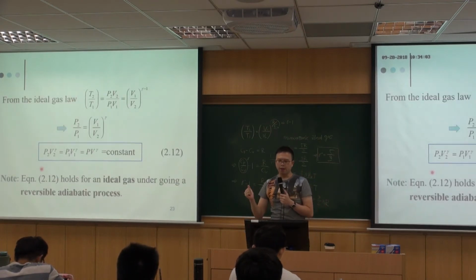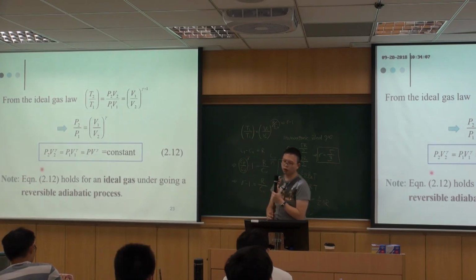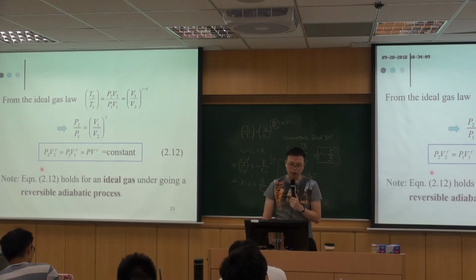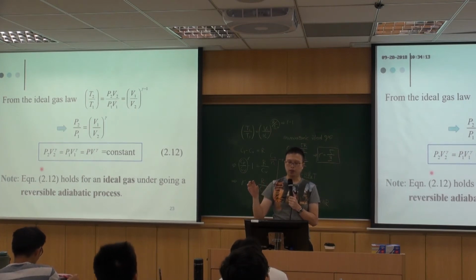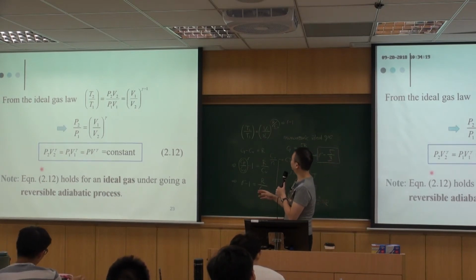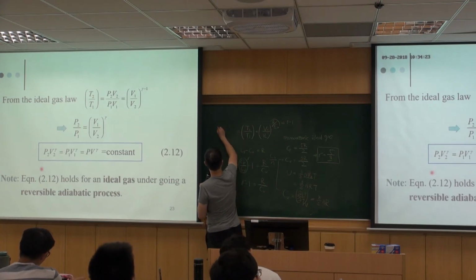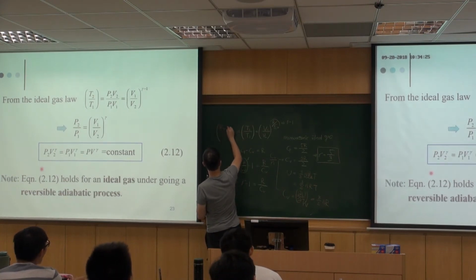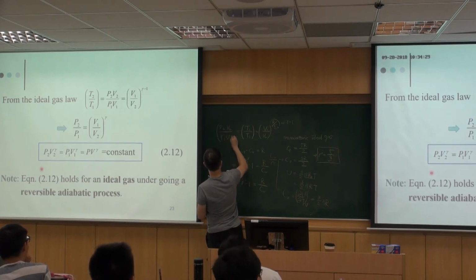And then, because the temperature, again, if you use the ideal gas law, temperature is proportional to the product of pressure and volume, right? So PV is proportional to T. So this is related to P2 V2, P1 V1.